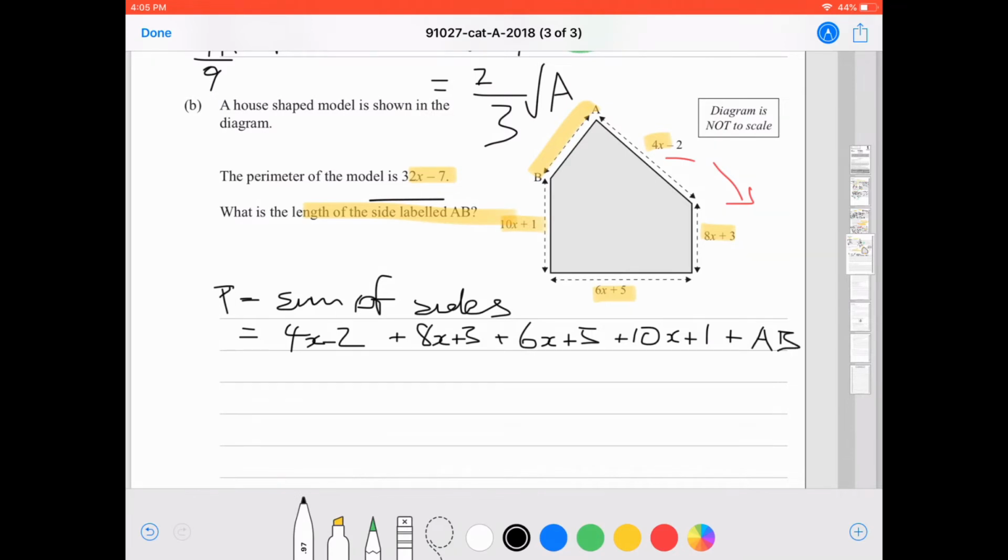And we actually know the perimeter, so that's 32x minus 7.